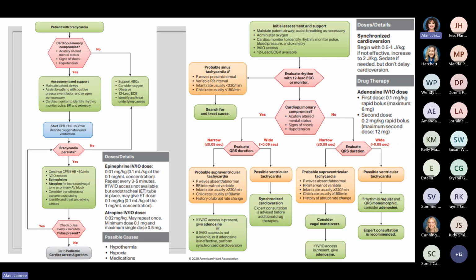For tachycardia or SVT, depending on if it's SVT or not, we have to consider synchronized cardioversion. In pediatric patients, most of the time, as long as they're stable, we're going to try other options first. So vagal maneuvers, ice to the face.